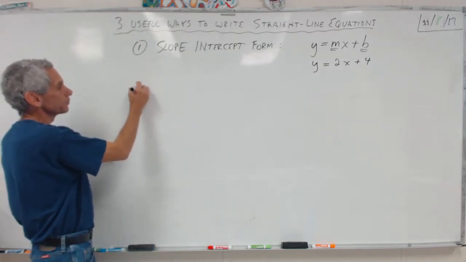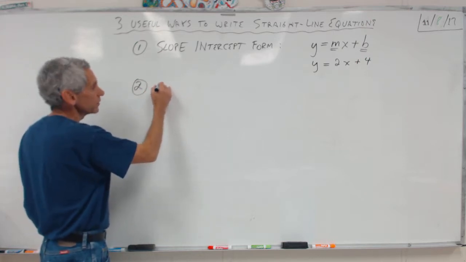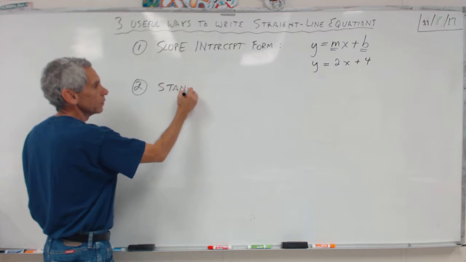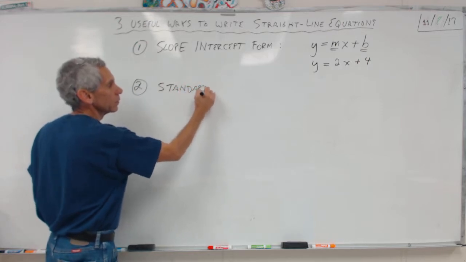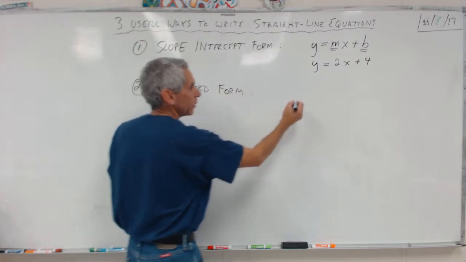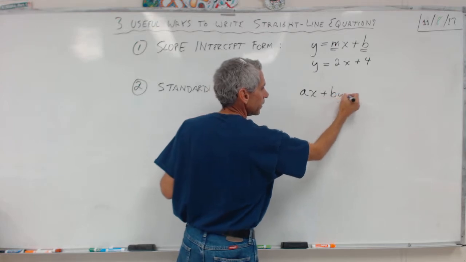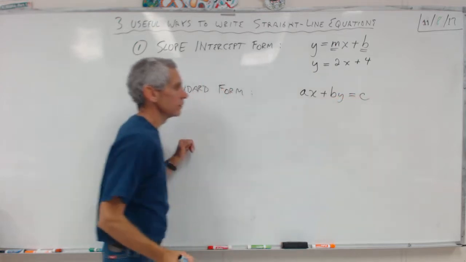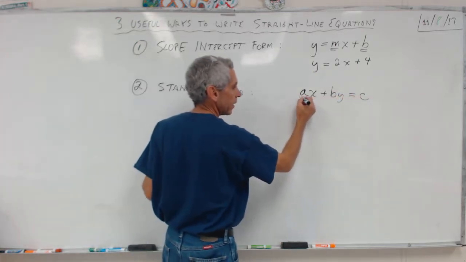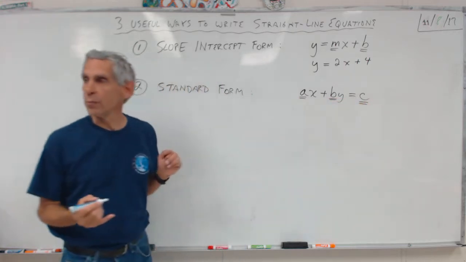The second one is called standard form. And that would be like this: ax plus by equals c, where a, b, and c are actual numbers.